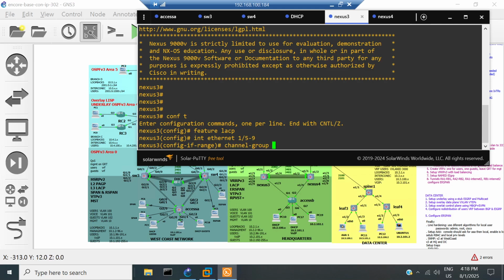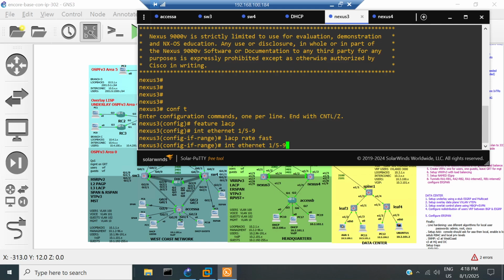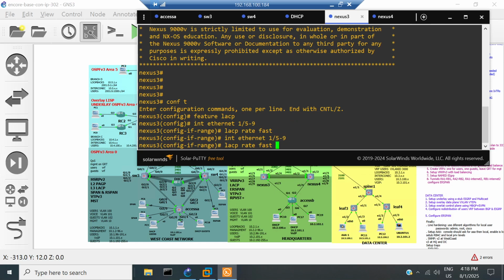And then channel group 34 mode active. But I am going to set up LACP rate. Notice I have this option here, LACP rate fast. And then I'm going to create the channel group.